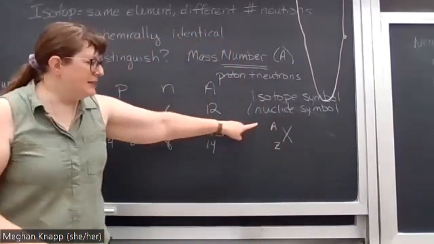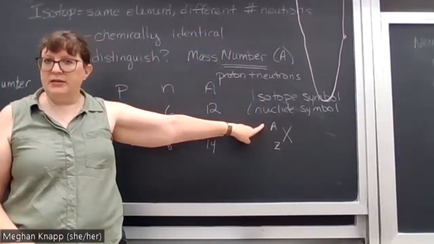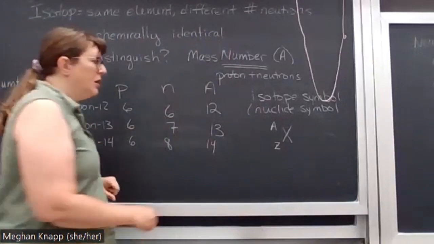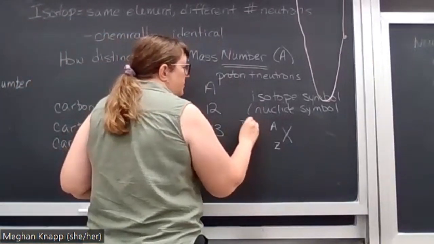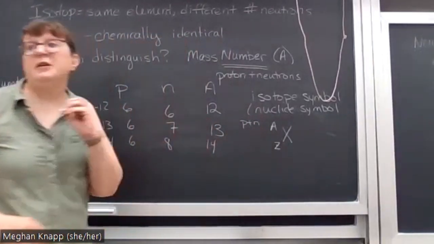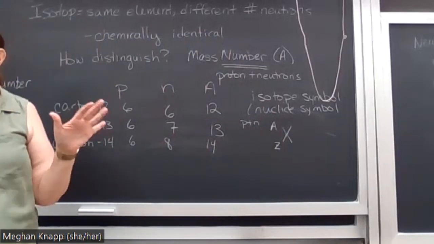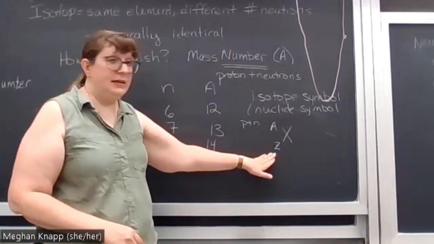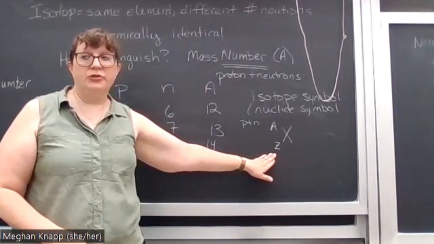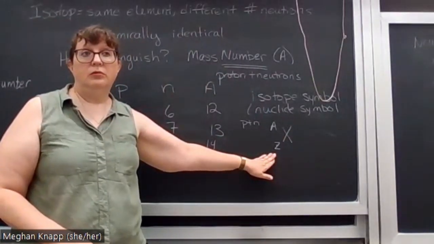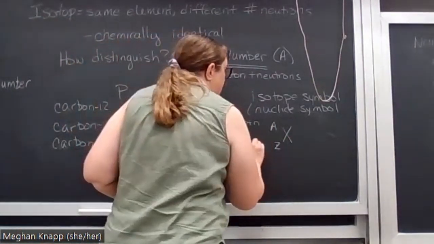All right, so A and Z are here. We said A was mass number, and this is going to be protons plus neutrons, which means it will always be a whole number. It will never have a decimal, okay? Z is our atomic number. What's that equal to? Protons.